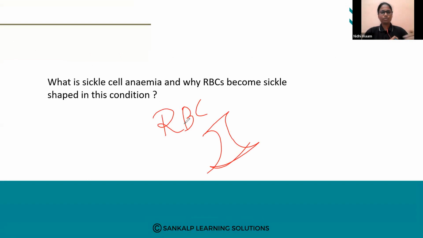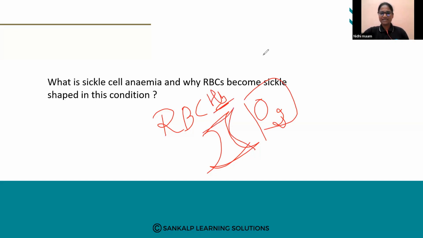Yes, my dear future doctors and scientists, what is the function of RBCs? You know what a red blood cell is. What is its function? Its function is to carry oxygen, right? Because it has a pigment named hemoglobin, right?